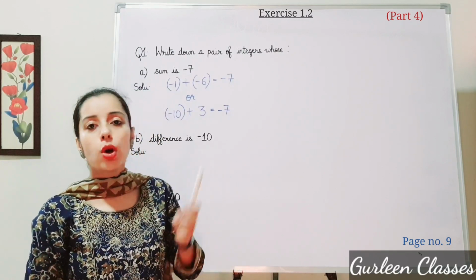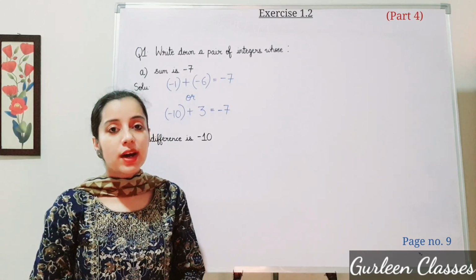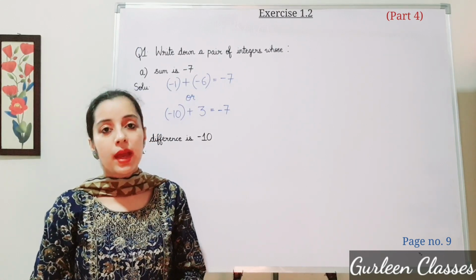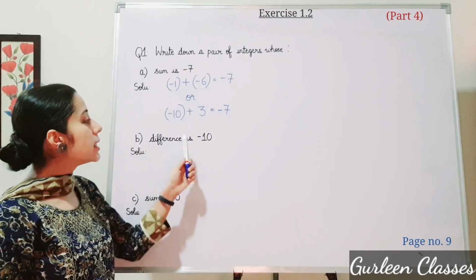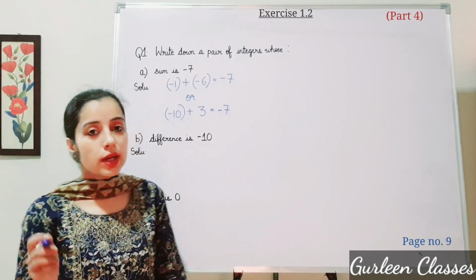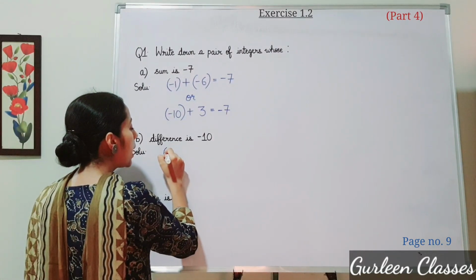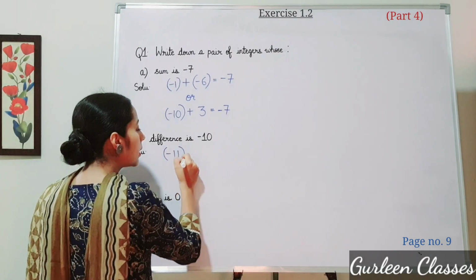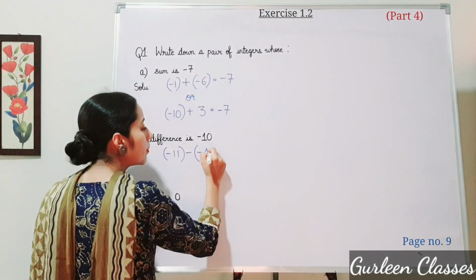There could be many more pairs like minus 5 plus minus 2. So minus 5 minus 2 is minus 7, and many more. Now let us do B part. The difference is minus 10. So let us write down the difference. First, if I write here minus 11 minus minus 1.